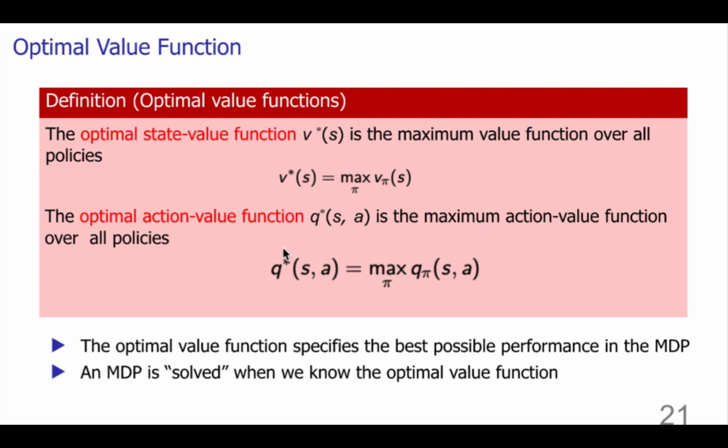Mind you, we didn't say optimal value of state over pi here. Why not over pi? If we say over pi, we are only considering one pi, right? So we cannot compare between pi's or policies.